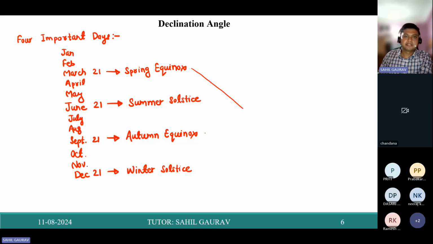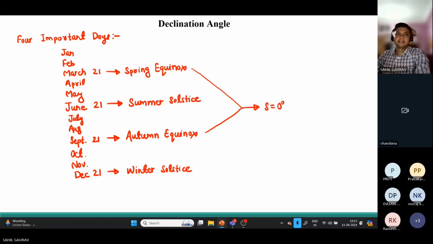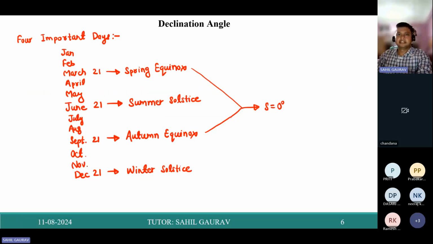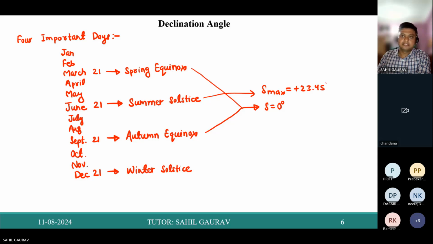On these 2 days, the spring equinox and autumn equinox, we have the declination angle 0. For the summer solstice, June 21, the declination angle is at its maximum, that is plus 23.45 degree, or 23.5 degree.